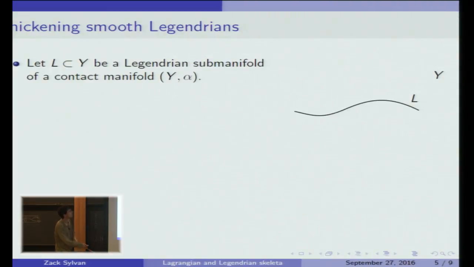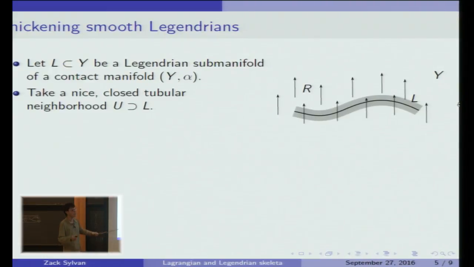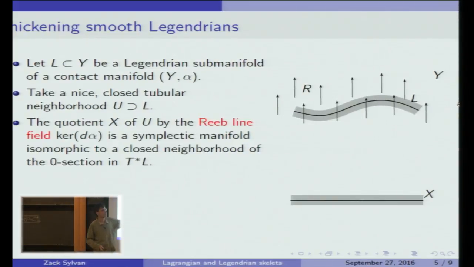So we're going to take some closed tubular neighborhood of the Legendrian, and we're going to quotient it by this Reeb line field, which is the kernel of d alpha. We can actually turn this into a vector field, but for our purposes, it's enough to say it's a canonical line field associated to the contact form alpha.